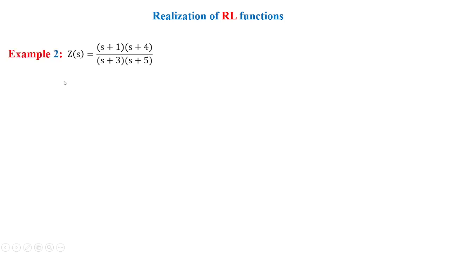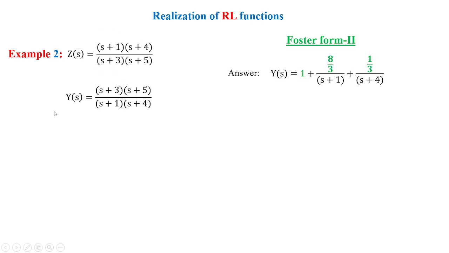Now, what if I want to get the Foster form 2? For that, I have to change the admittance parameters. That is, the denominator goes to the numerator and the numerator comes to the denominator. For the solution, we are going to get the value of y of s, which is equal to 1 plus 8 by 3 divided by s plus 1, plus 1 by 3 divided by s plus 4.